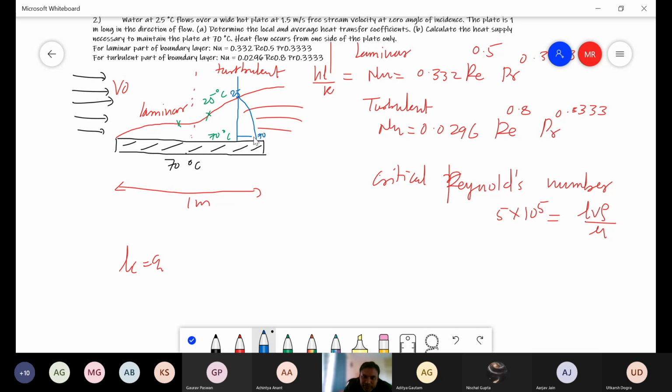Do you agree? This is the difference I am showing here, in terms of temperature. So here from 25, it is going to increase to 35, 45, 55, 65, all the way to 70 as I reach the plate. Yes or no?